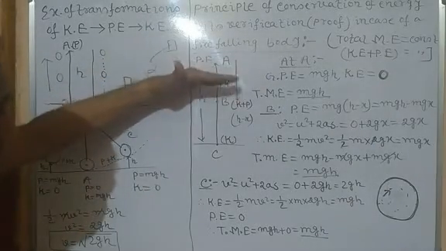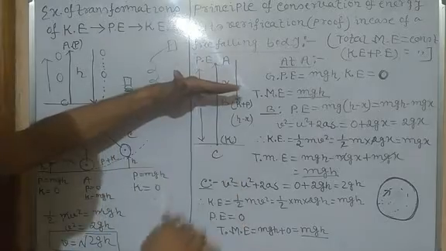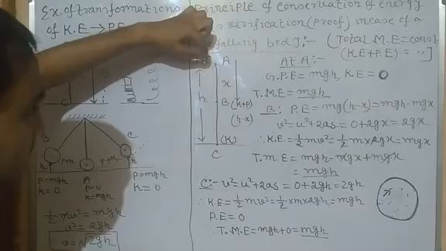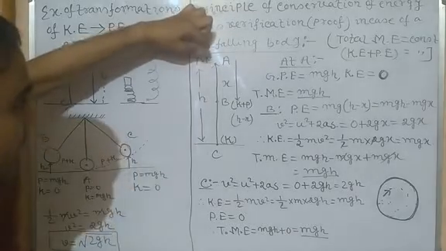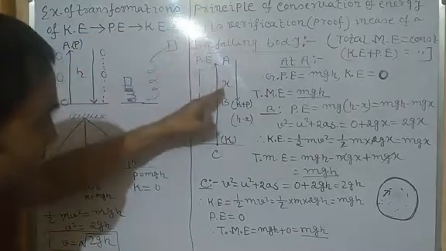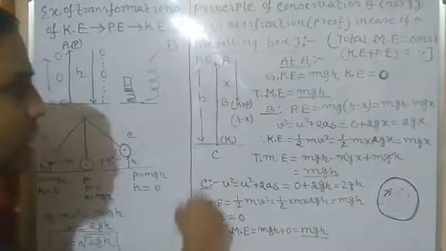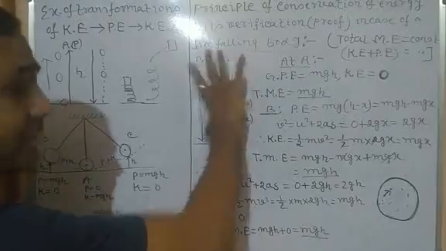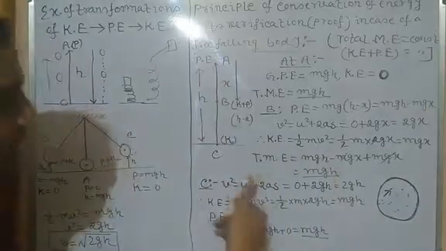Now when we release it, its height will be reduced. Due to the reduction in height, its potential energy will be reduced and it will form kinetic energy. Since it was at rest from the start, when you release it, it possesses some velocity as well as covers some distance. So due to velocity it will have kinetic energy, and since its height is not 0, in the midway it also has potential energy.